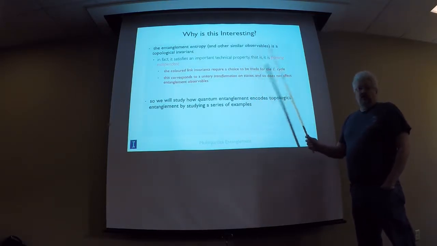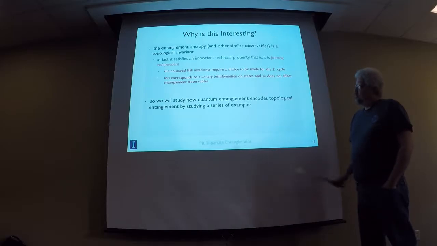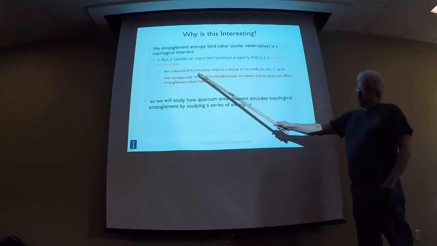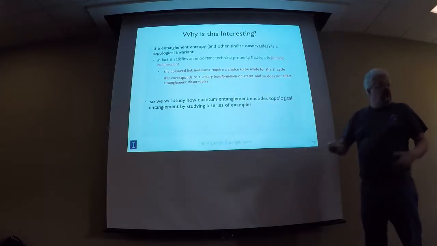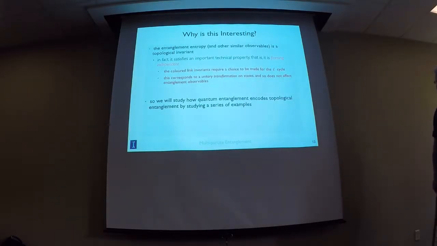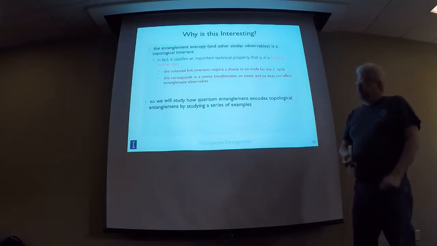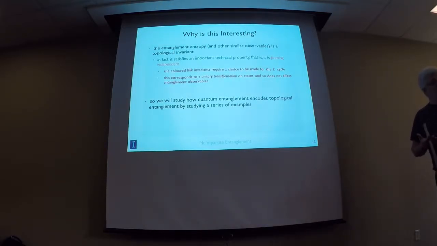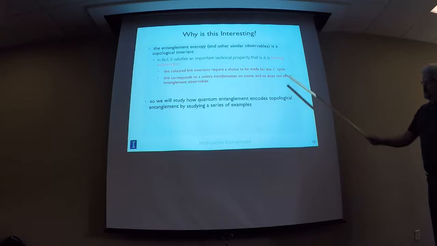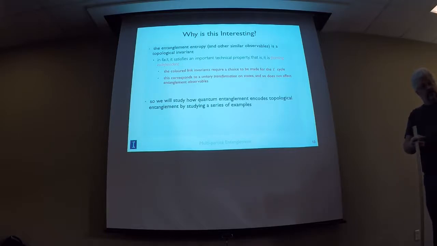There's a technical thing that I'm not going to get into in detail, but when one defines that colored link invariant, that Wilson loop expectation value, there's a technical requirement that you have to make a choice when you choose an L cycle. You can think about this as having to fatten the cycle.